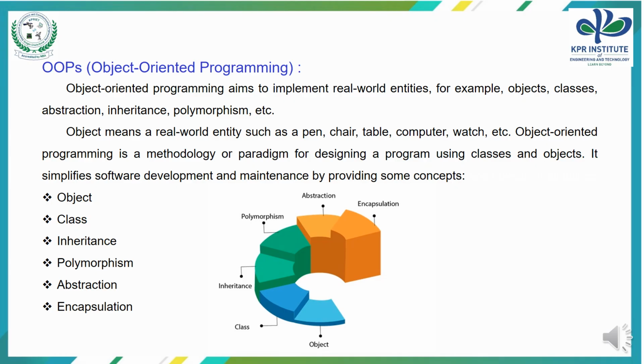Class B is extending class A, and class C is also extending class A, not extending class B. In this case, class B is accessing the property of class A and class C is also accessing the property of class A, but not class B's properties. So this is called hierarchical inheritance.